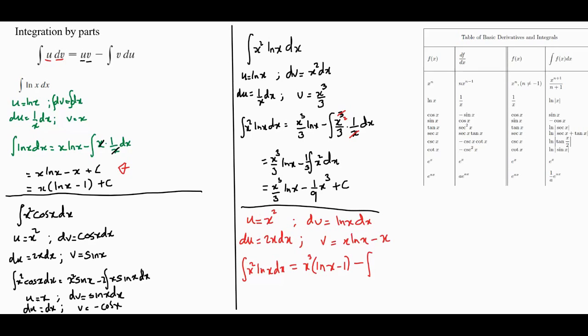So v is now, remember, x into ln x minus 1 multiplied by 2x, so multiplied by 2x dx. So you can see the situation is getting more and more complicated.